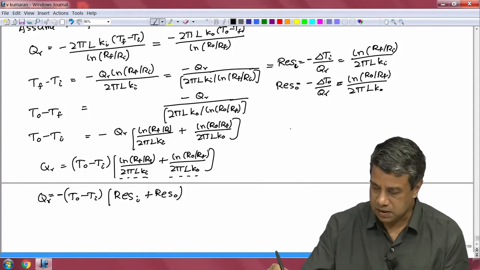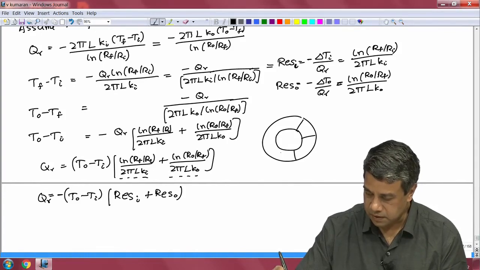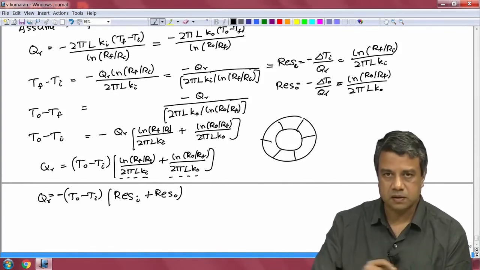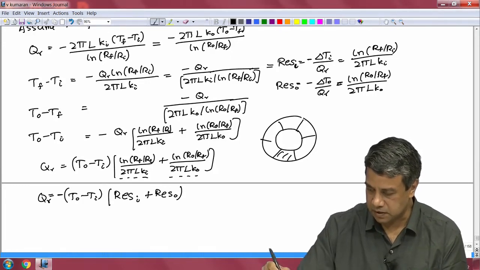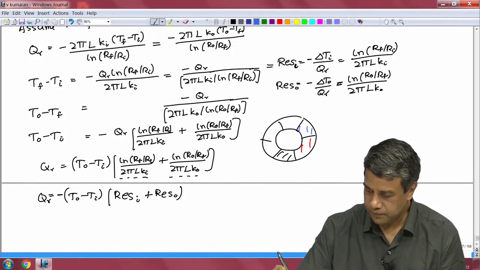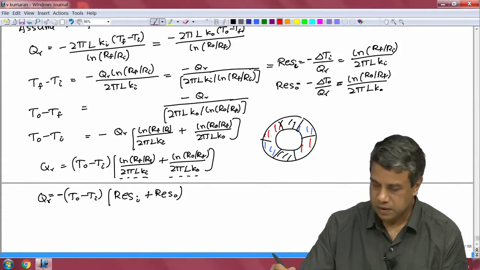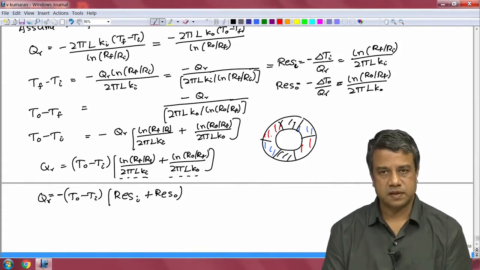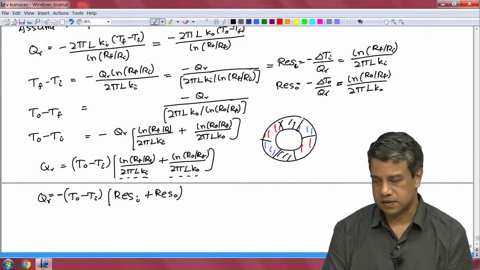In a parallel arrangement, which would correspond to different zones having different materials, you would add up the inverse of the resistances.